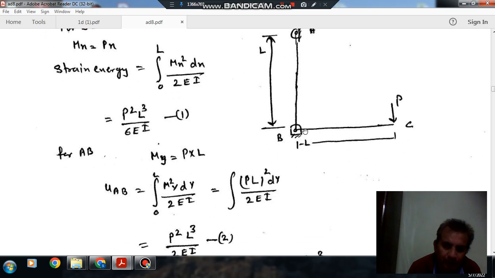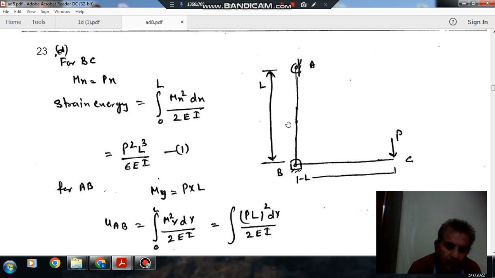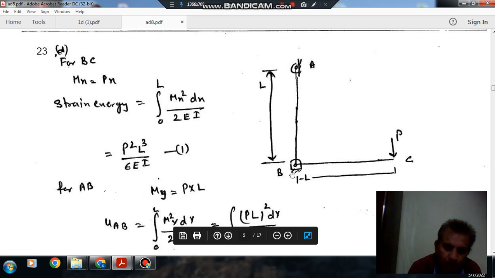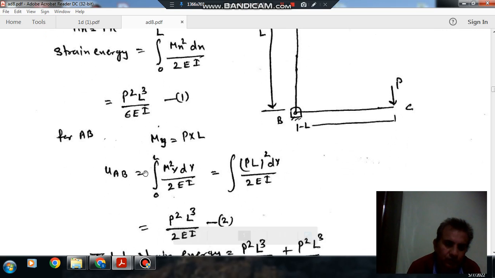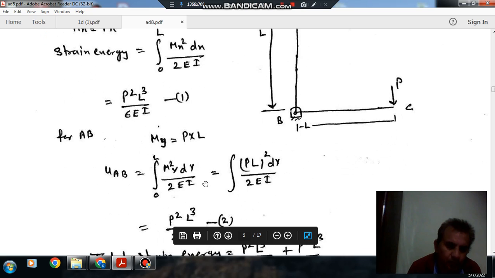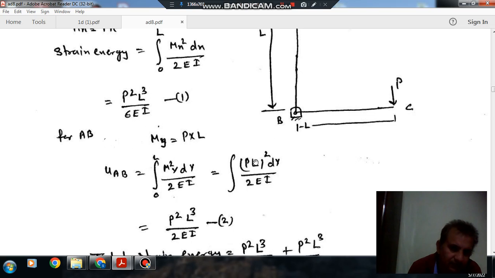Now this is for part BC. For part AB, the moment is P into L, a fixed moment. The strain energy of AB is M square dy by 2EI, and M square will be P square L square.